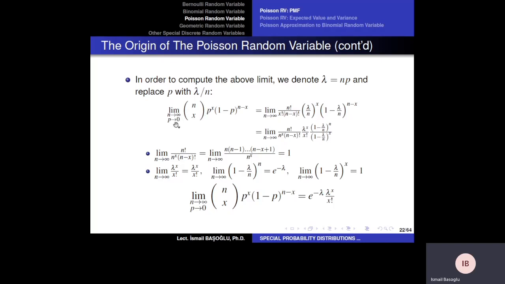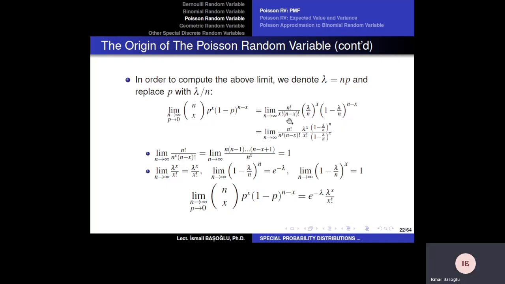Then there is no need for the limit p goes to 0. All we need is to calculate the limit as n goes to infinity. Lambda is basically the average value of np. As you can see, n is very large, p is very small, and lambda is simply a moderate value in this case. And we replaced all p values here with lambda over n.